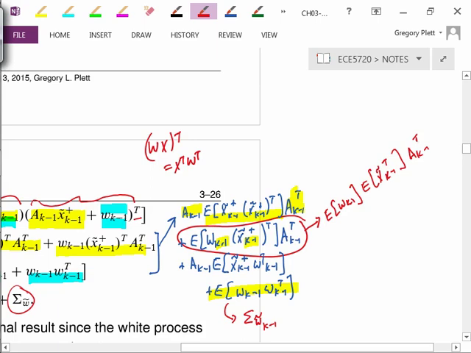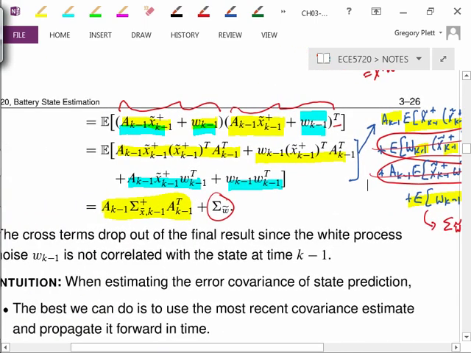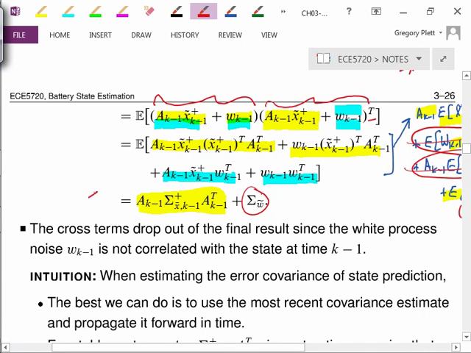And when we're looking at that, we say, oh, but w we've assumed is zero mean. So if that's zero mean, that goes to 0. The whole thing gets multiplied by 0, and that entire term goes away. Similarly, the same process we do with this, and because w is zero mean, that whole term goes away. So those disappear. And we end up overall with this result here, and this result is for Σ_x̃,k⁻.